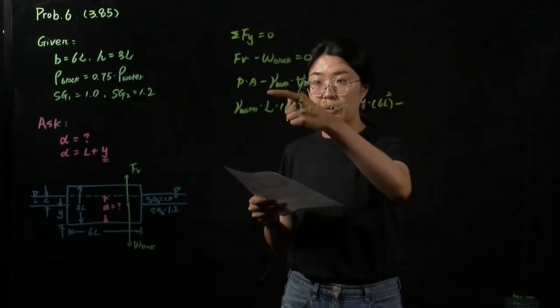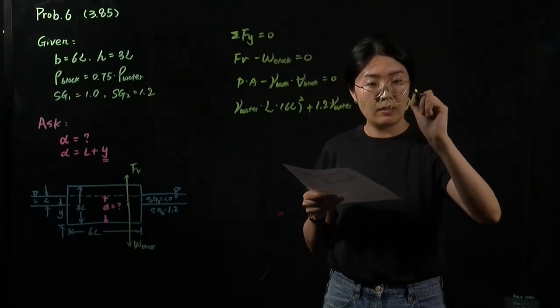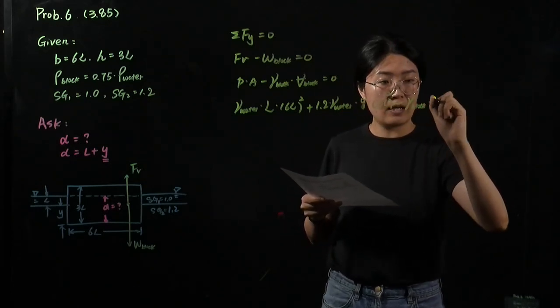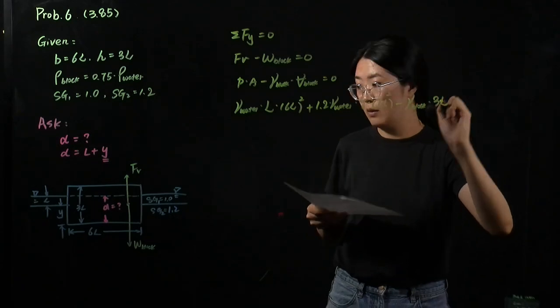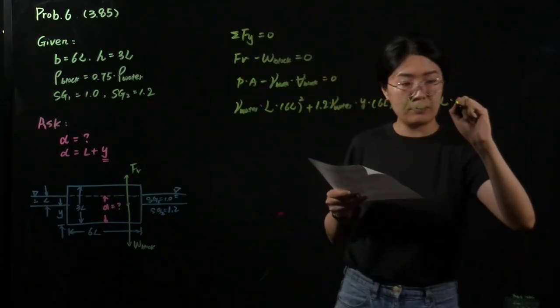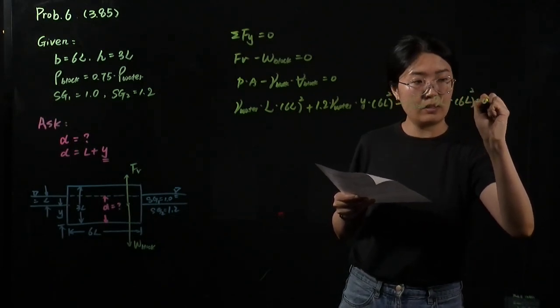And then we calculate the weight of the block, which is the specific weight of the block times the height of this block, which is 3L, and then times the area. The whole expression equals 0.